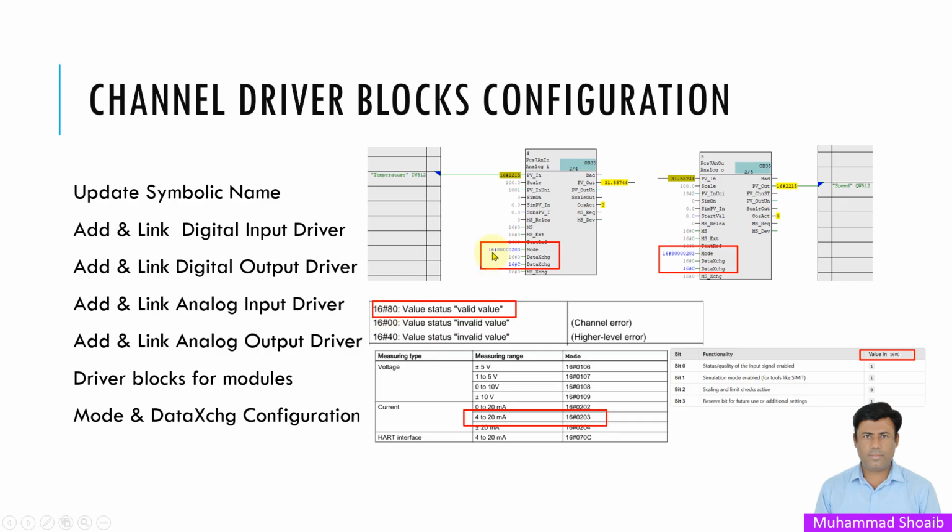The third byte we have to put like 80, and in a similar manner the first two bytes we have to put as per our input signal. If the 4 to 20 is there, we have to put 0203. If it is 0 to 10 volt, then we have to put 0108. And in a similar manner for data exchange, we will put the C. So here is the detail of these signals.